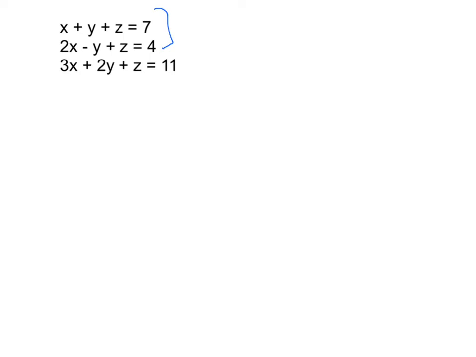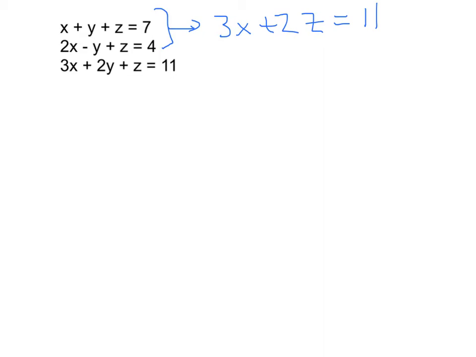So if we simply add the first and second equations together, we get the result of 3x plus 2z equals 11. Now, what we want to do is use either the first and third equation or the second and third equation. In other words, the third equation with one of the other ones, and also eliminate y to get an equation that has two variables in it.